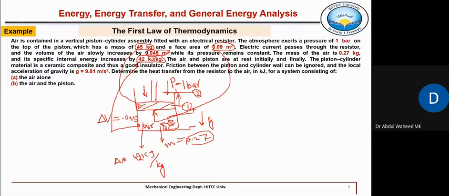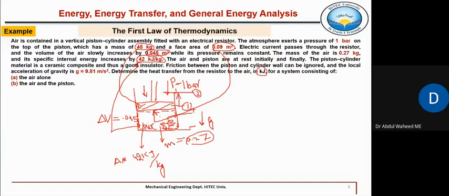Now we need to determine the heat transfer Q from the resistor to this air in kilojoules, for a system consisting of air alone, or part B, when air and piston both are the system. In part A, only air is the system. When only air is the system, everything outside this system is surroundings. It means the piston is also a surrounding. This electric resistance heater, which seems to be a part of the air, is actually also a surrounding.